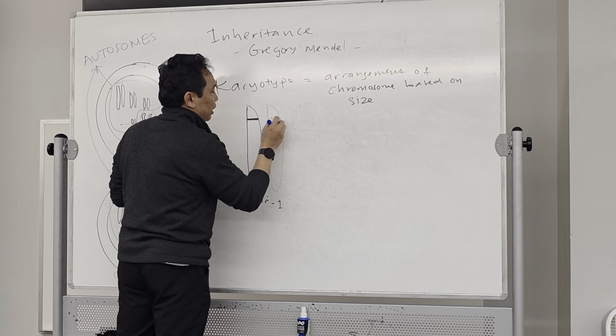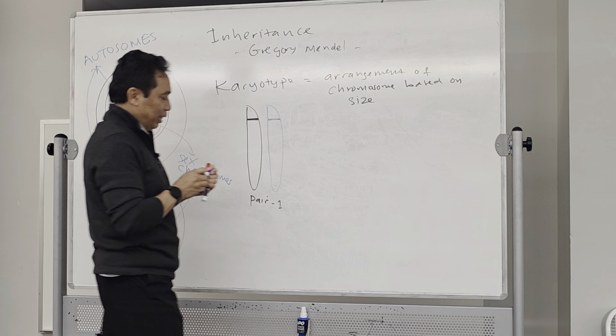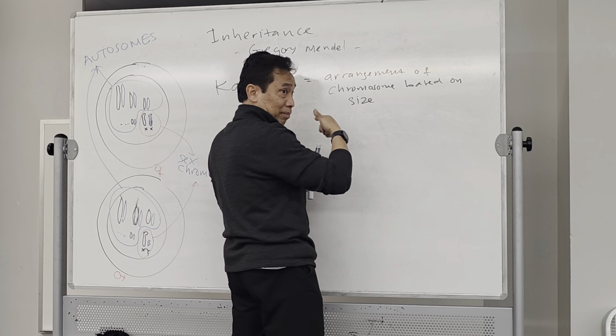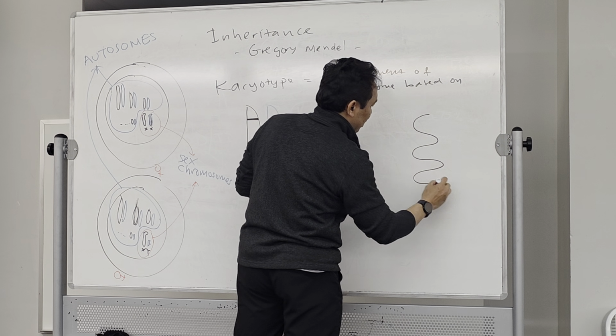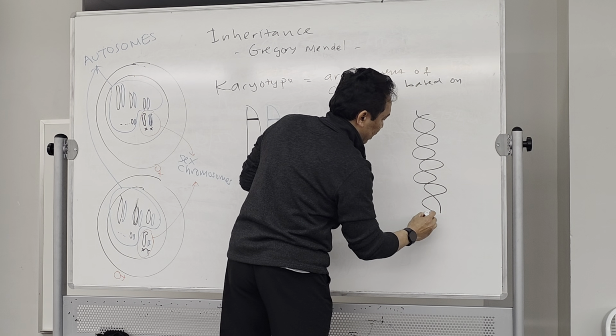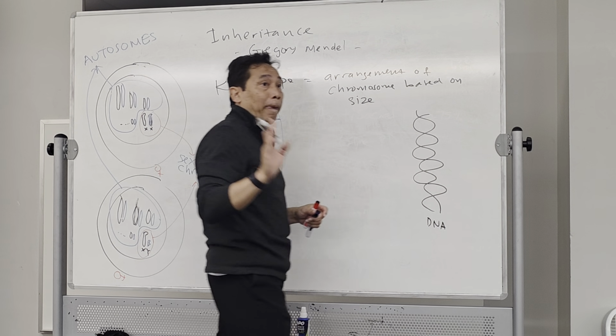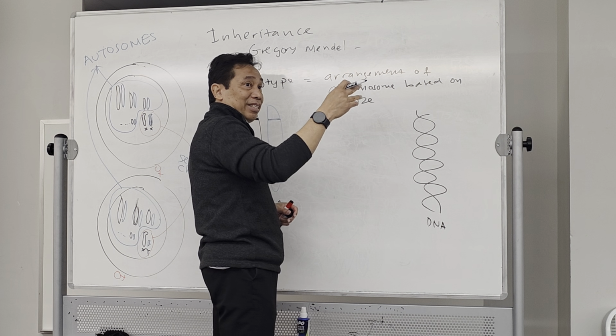In a very short sequence of the DNA. If you remember, the chromosome consists of DNA that looks like this, which is a double helix, right? And the DNA consists of a sequence of nucleotides.